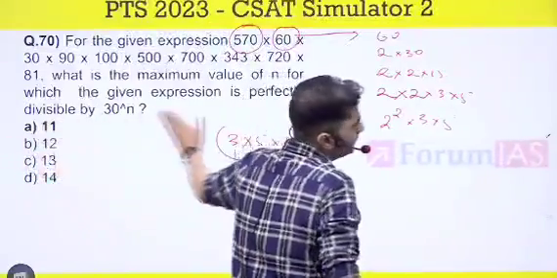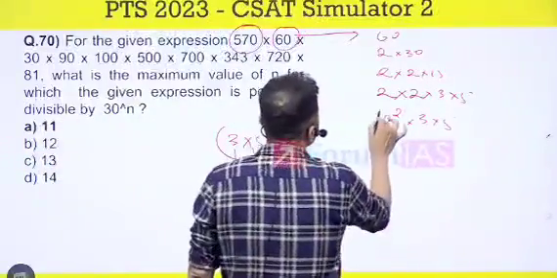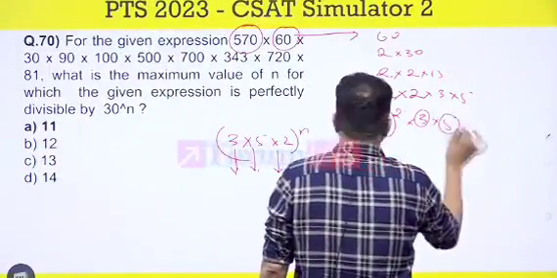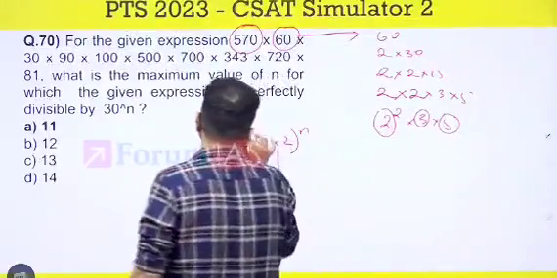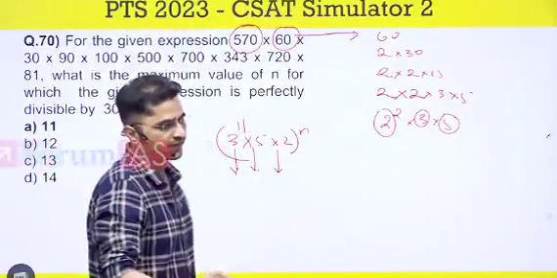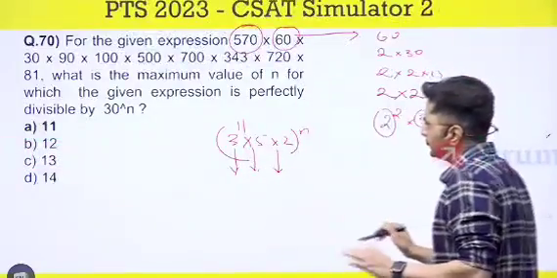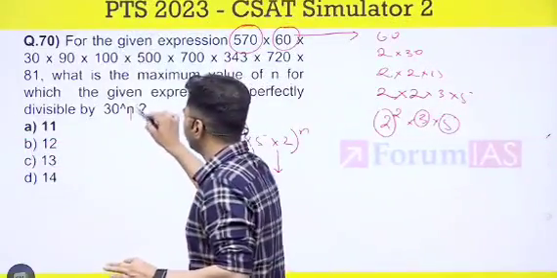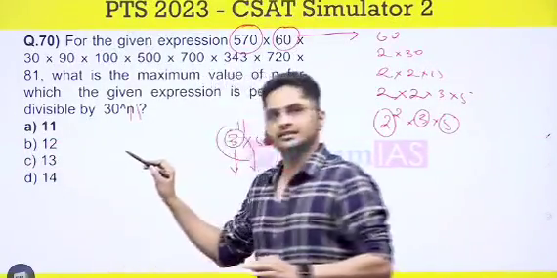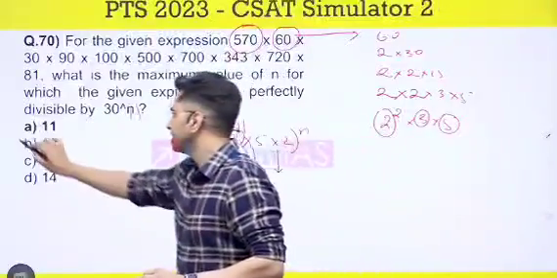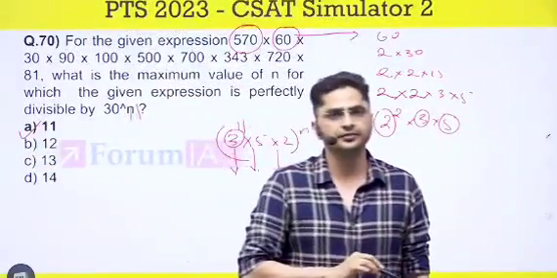Similarly, find prime factors for all of them, then add up the powers of 2, 3, and 5. See, finally, you'll get 3 raised to the power of 11 something. So what it means is that I need 11 threes. So my answer would be 11.